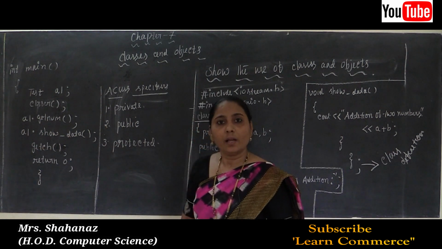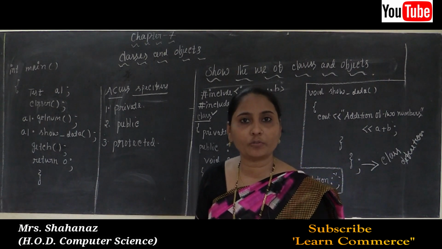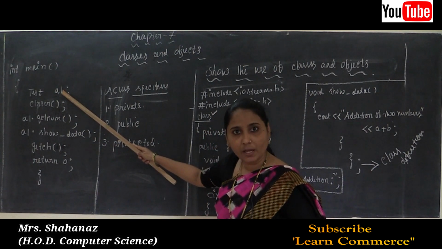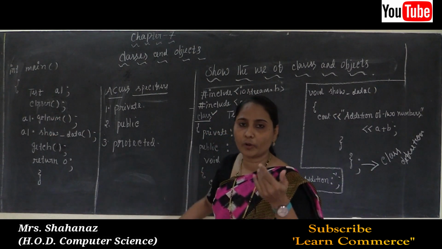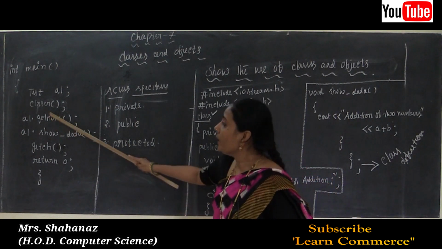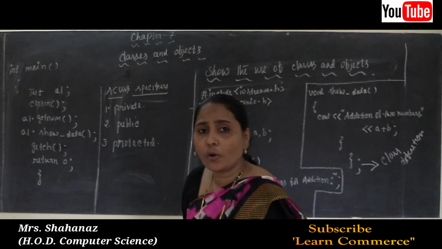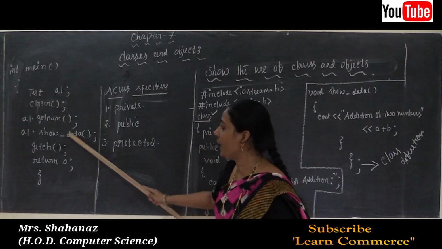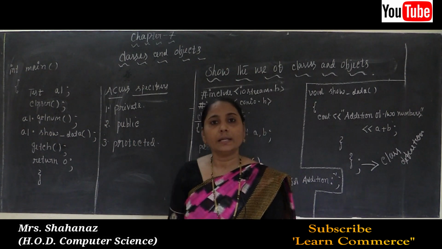I already said the class declaration specifies the representation of the objects, the declaration of the objects here, and also the set of operations. The operations are the set of functions. Why? Because interface, operation, function, everything are the same here. So getNum and showData. So here the representation of the object of the class and the set of operations that can be applied by using the object. So this one is called the class declaration.